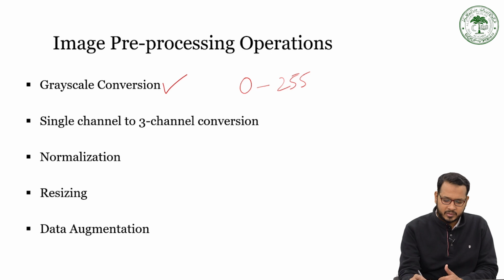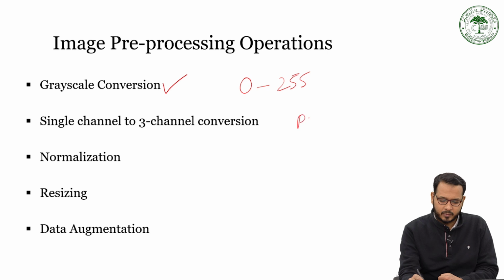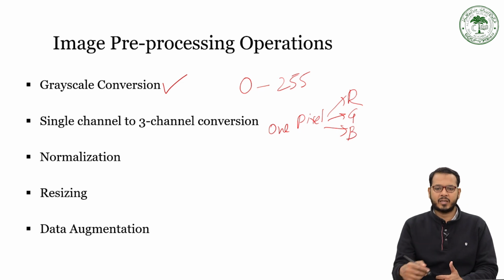For your information, images, as you already know, are made up of pixels, and each pixel in the case of a color image usually has 3 different values. One pixel has 3 different values, one for red, one for green, and one for blue.